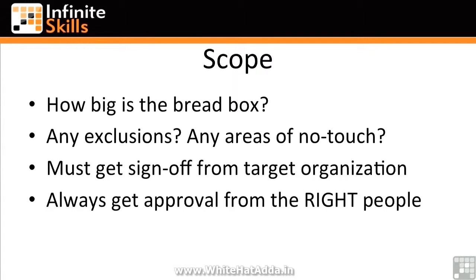So definitely get the scope very clear and in writing, and with signatures attached to it as to what you can and can't do. Always get approval from the right people. Make sure you get somebody who has the right level of permissions and is the right level of management so that they can sign off on it, understanding and accepting the risk that is associated with a penetration test.